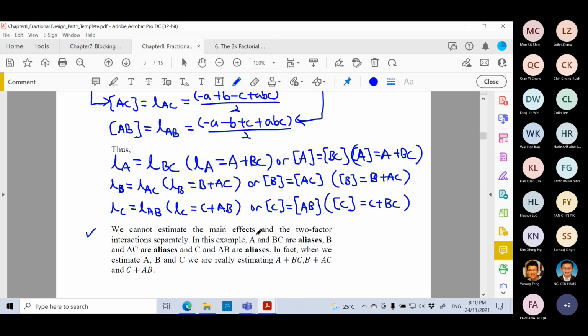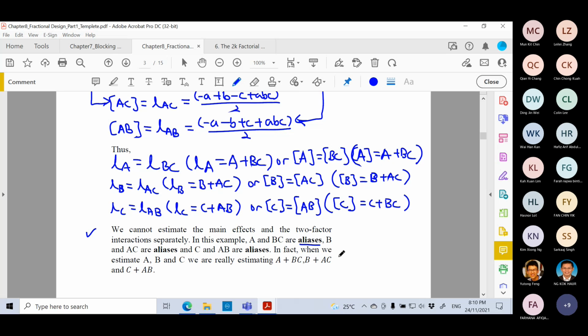So therefore, there is another keyword here. We will say that A and the BC are aliases. Okay, we call them aliases. And then the B and the AC are aliases. And then the C and the AB are aliases.